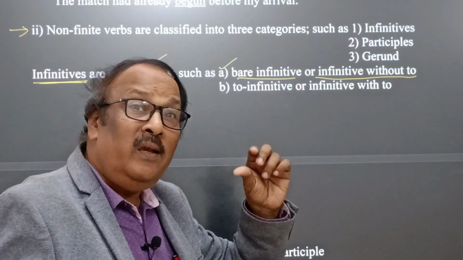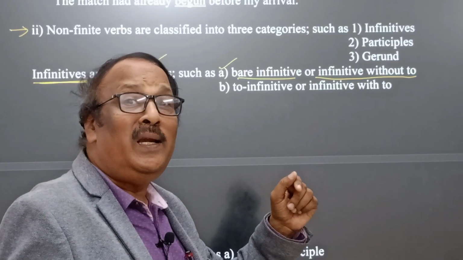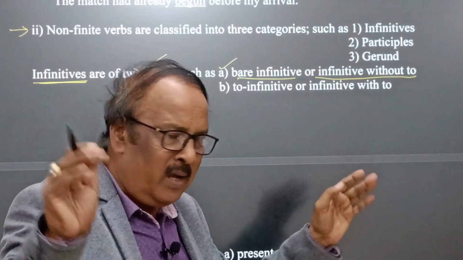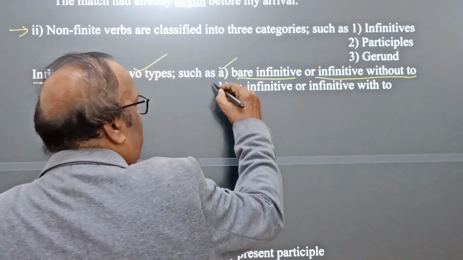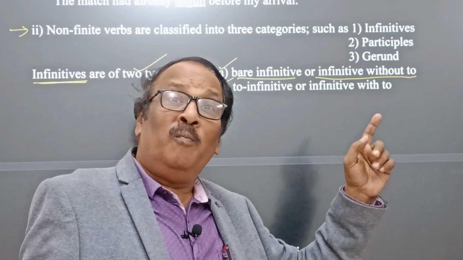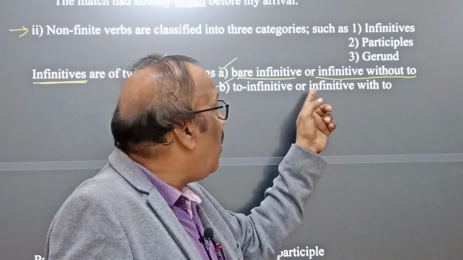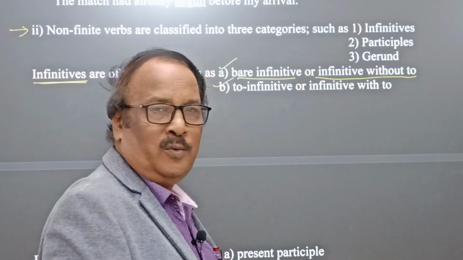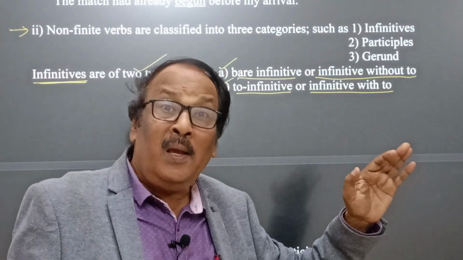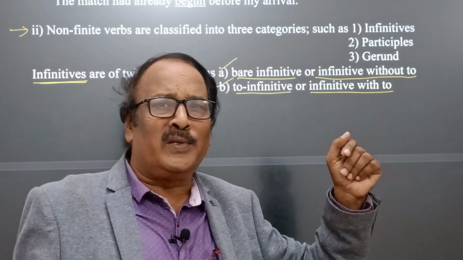Whenever we use only the base verb, that is what we call infinitive without to or bare infinitive. The other is to-infinitive. It means to plus base verb, that is what we call to-infinitive or infinitive with to. These are non-finite verbs, as they don't indicate tense.